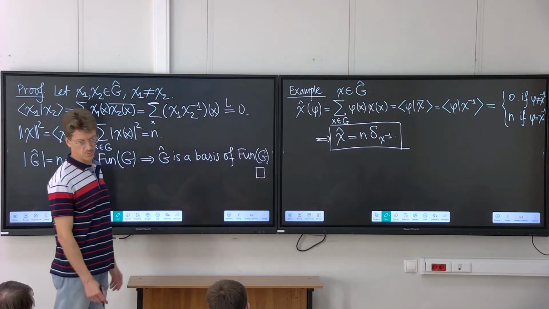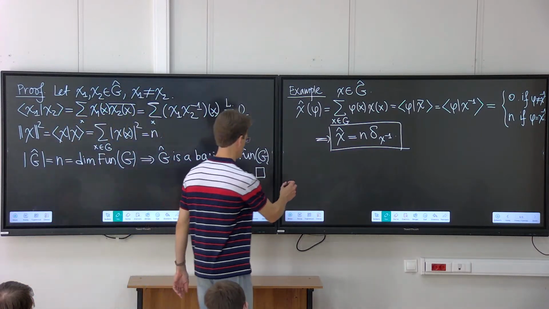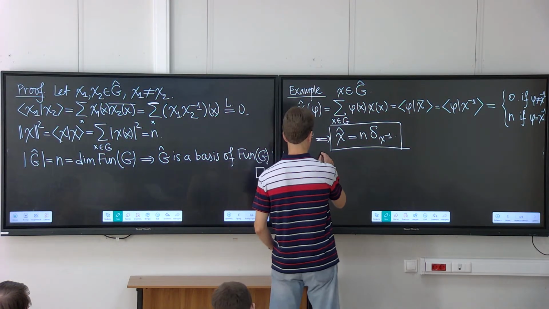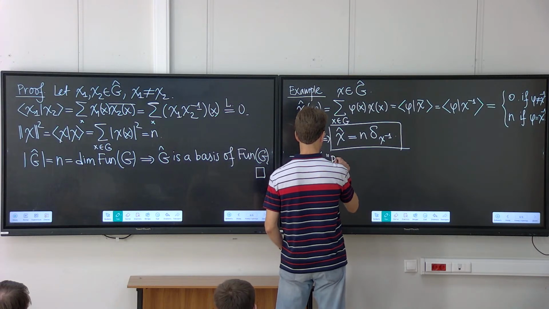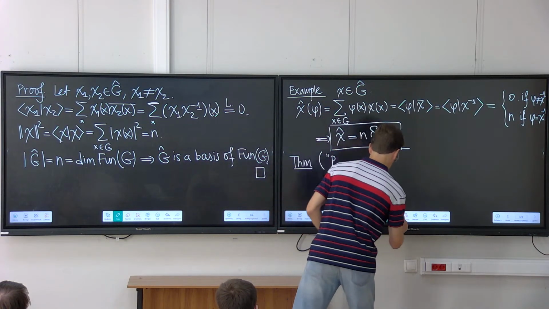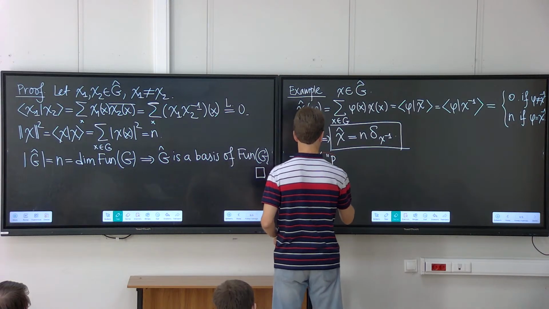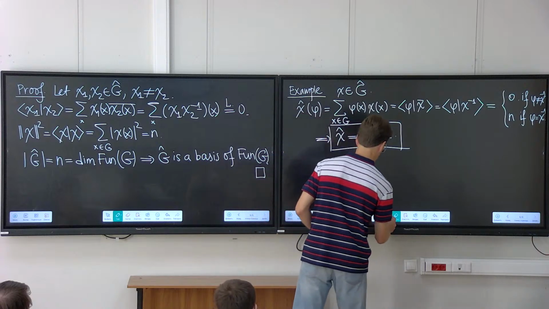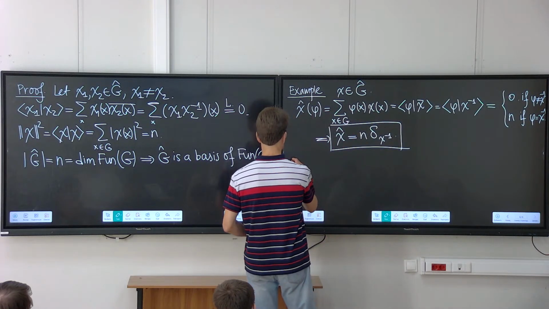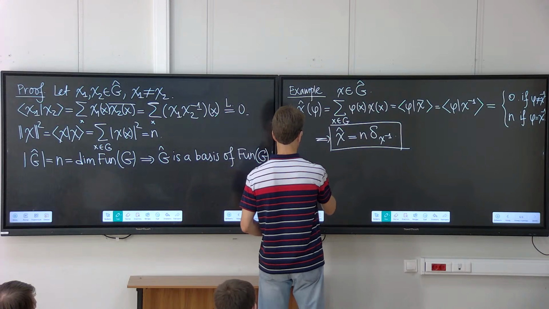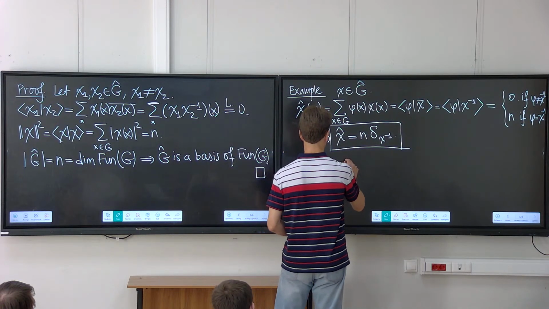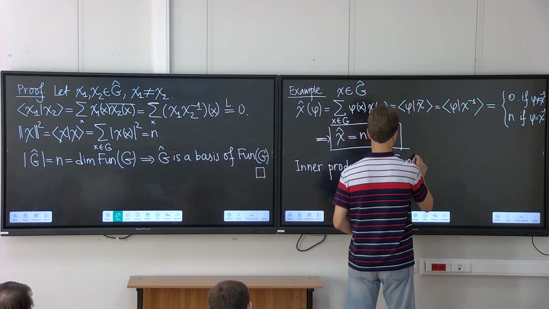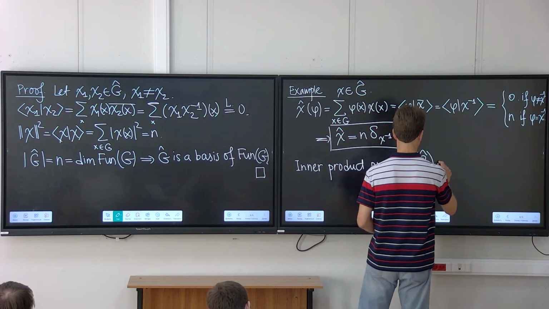Combining these two examples, we come to an important result, which is a very special case of the Plancherel theorem. But before I state this result, let's introduce a suitable inner product on the space of functions on the dual group. So we equip the space of functions on the dual group, functions on G hat, with an inner product.